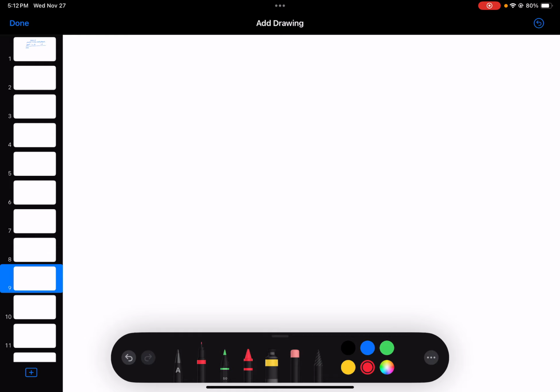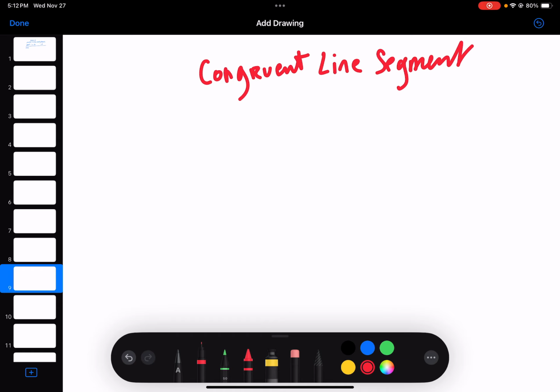All right. Let's talk about congruent line segments. Congruent line segments, not congruent lines, because lines are infinite. So let's define the word congruent.